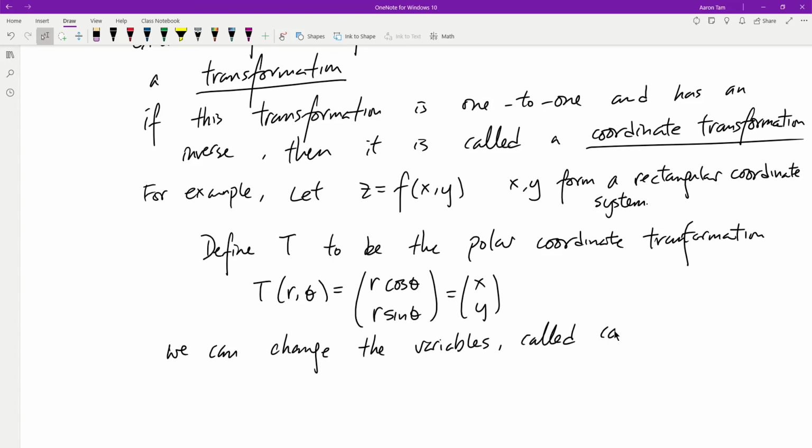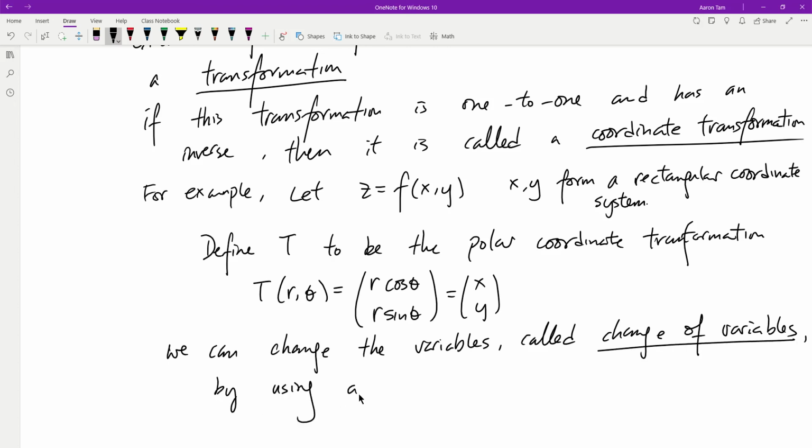This is called change of variable, which is what I'm trying to show you, by using a composition.